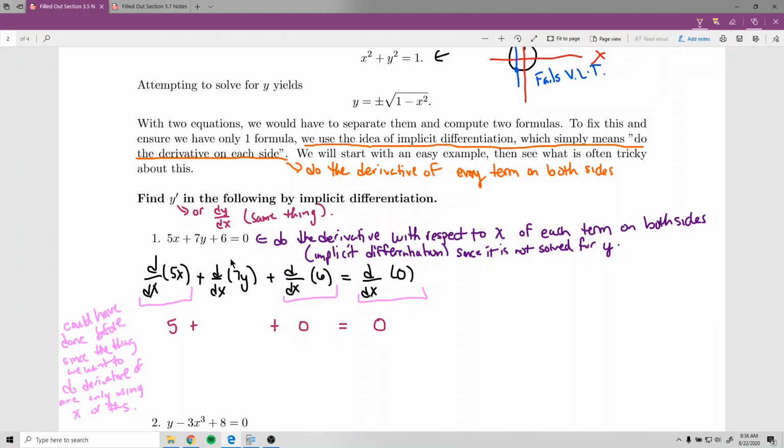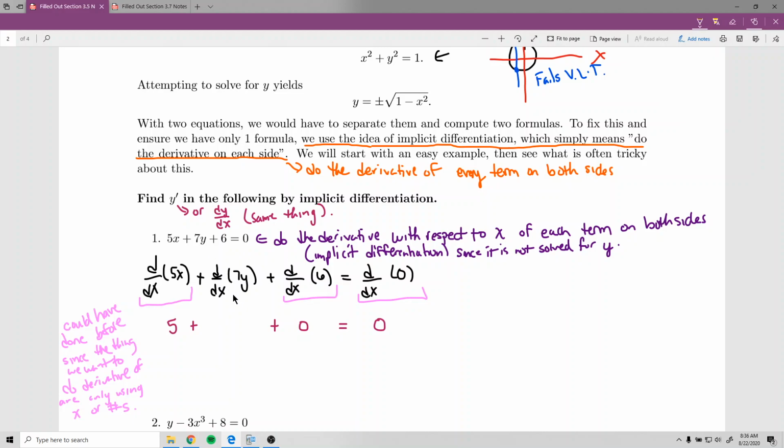Right, now how do we do the derivative with respect to x of 7y? Recall, this is why we had to learn the chain rule first, is I used kind of the formulas with u when we did the chain rule formulas. So we do the derivative and then we multiply by the derivative of the inside.